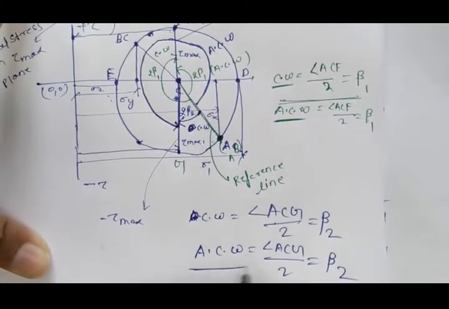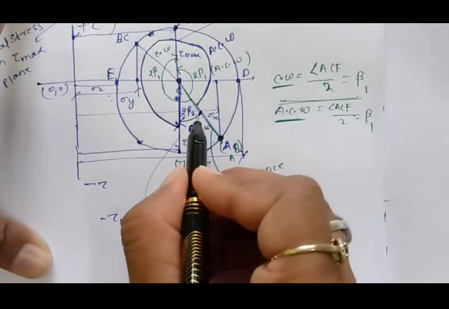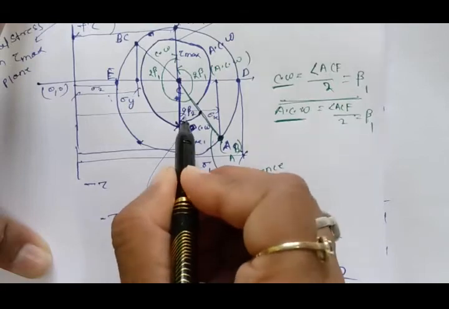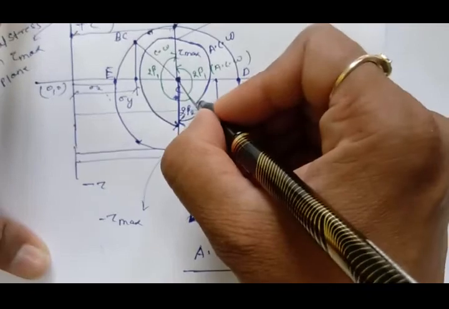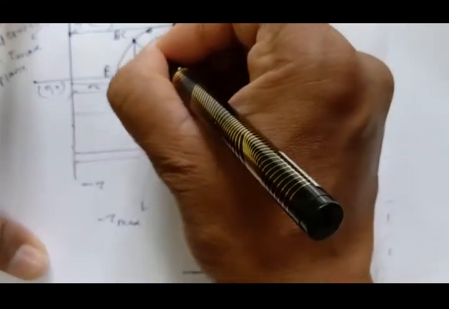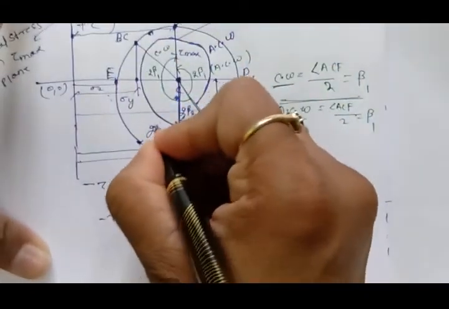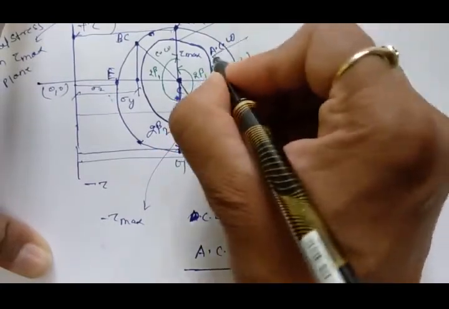So this sense is very important. To measure this sense is very important. If you go clockwise from here to here, you have to measure this beta 2 clockwise, or if you are measuring anti-clockwise, you have to show this beta 2 anti-clockwise.